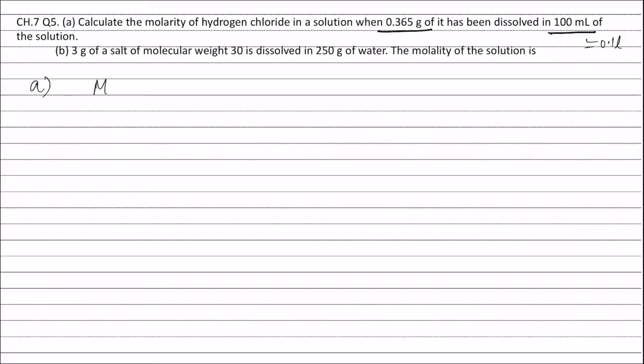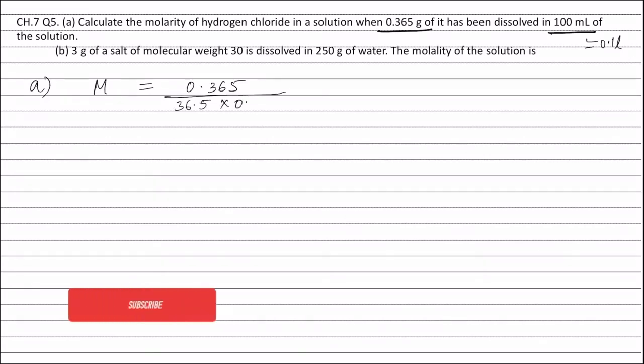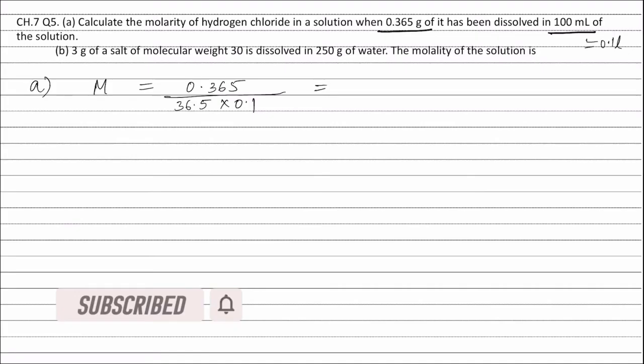Therefore, molarity of hydrogen chloride is equal to weight, that is 0.365, divided by molecular weight, that is 36.5, and dividing the number of moles by volume of solution in liters, that is 0.1 liters, gives the molarity of hydrogen chloride solution, and this is equal to 0.1 M.